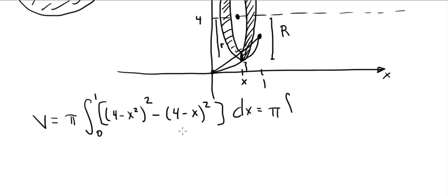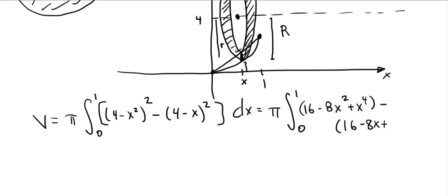This is pi times the integral from 0 to 1, 16 minus 8x squared plus x to the 4th, minus 16 minus 8x plus x squared. And notice that the 16s cancel.